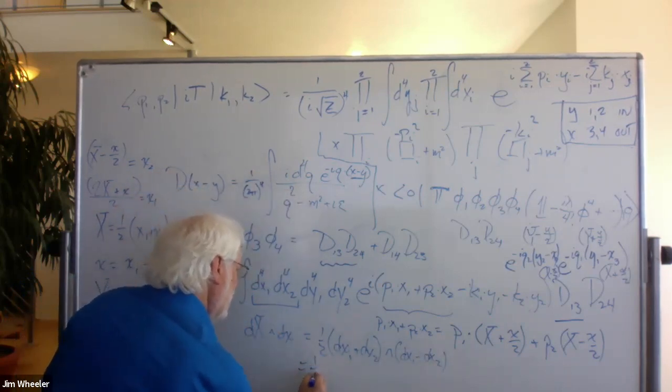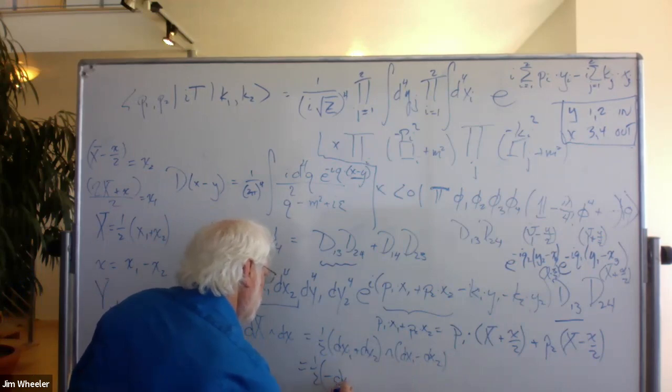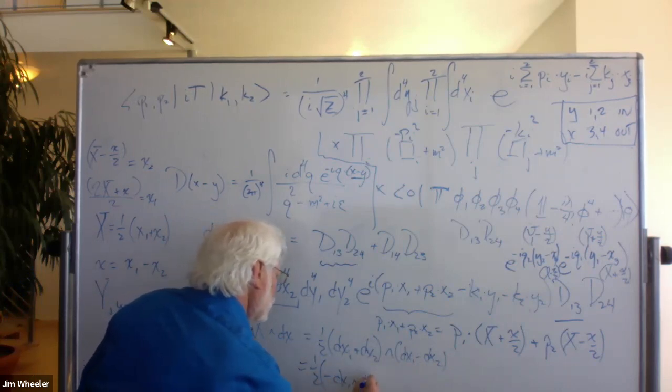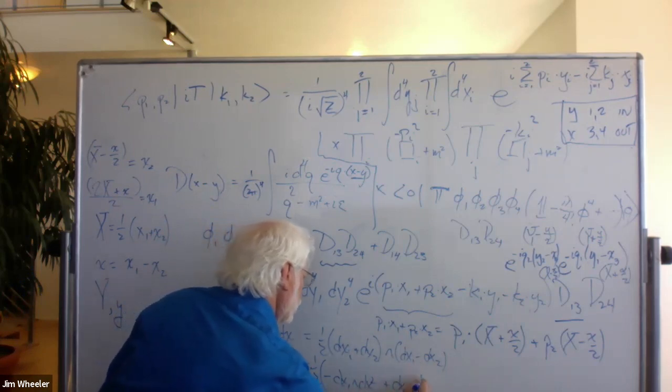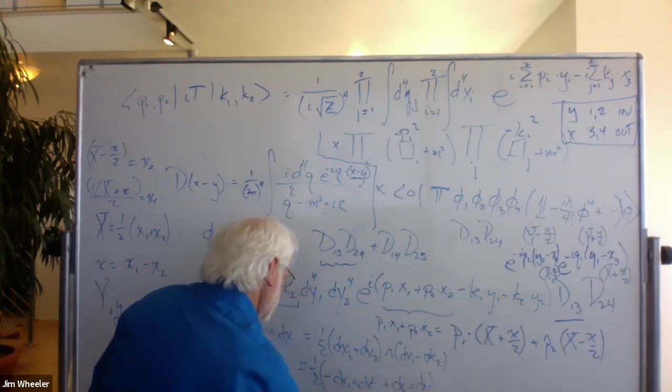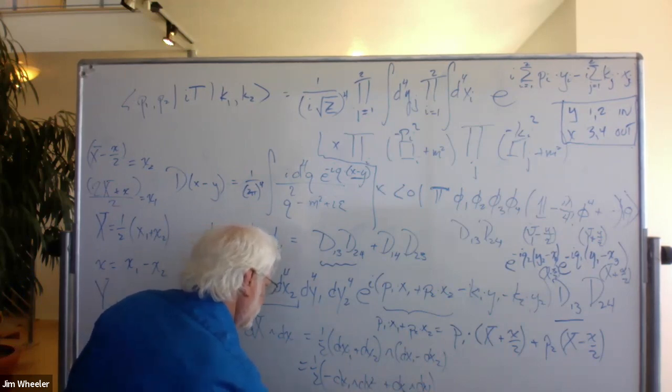So we get a half. We're going to get a dx1 wedge minus dx1 wedge dx2 plus dx2 wedge dx1. And, well, I don't know why there's a minus here, but the 2 cancels and we just get dx1 wedge dx2.